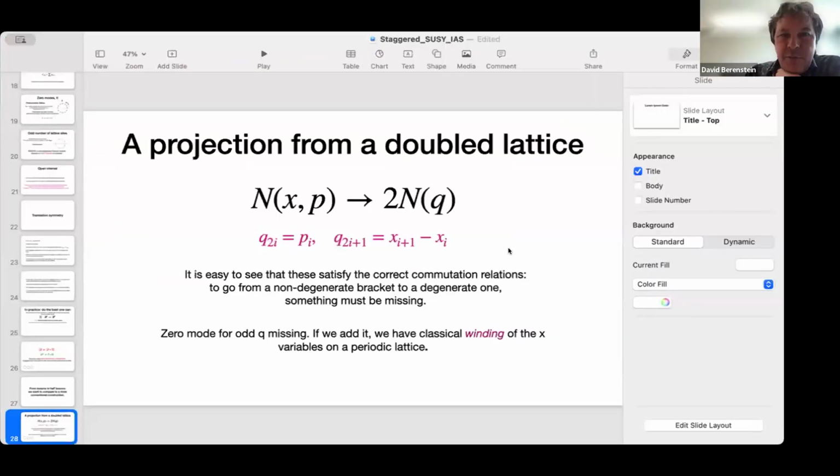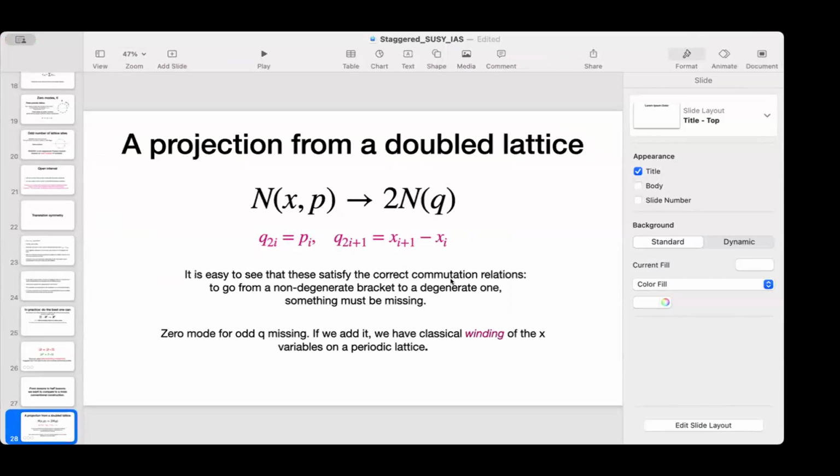This projection is the construction of the staggered bosons from the regular bosons. You take the regular bosons, you have to double the lattice, and then you have an even number. You pass the even numbers to Q2i's and the odd ones to the differences. And then you add one extra variable, which is kind of like the winding number.